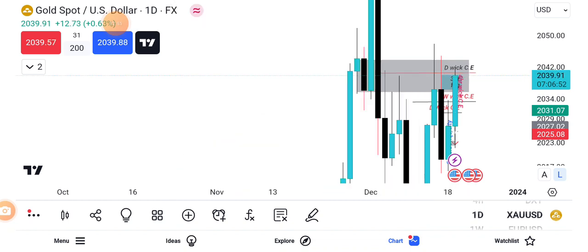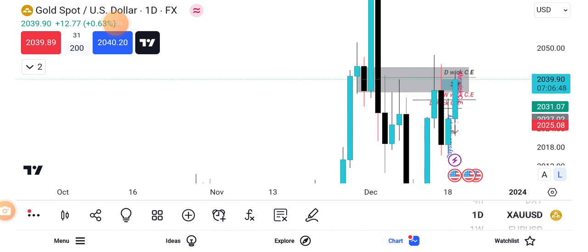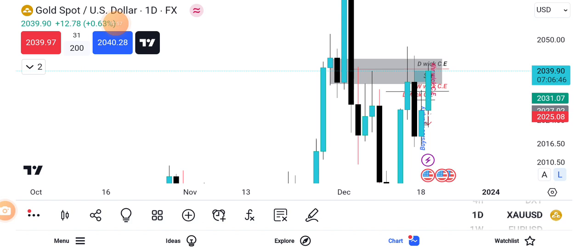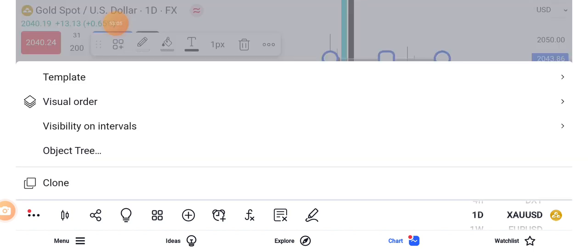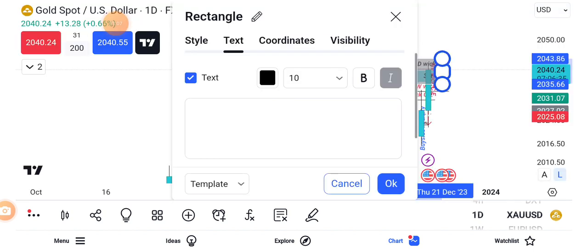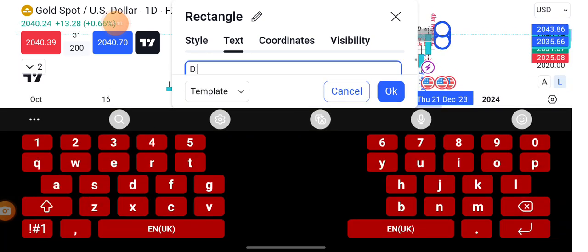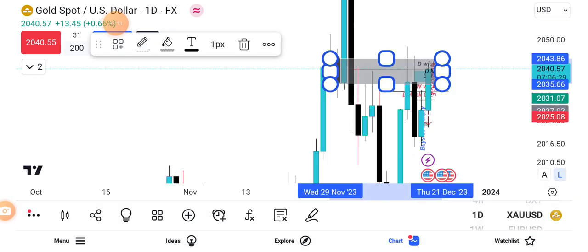Yeah. So that's why it's really necessary to always be confirming on the higher time frames. You might have something that you've not yet seen, and this is the daily mitigation block.